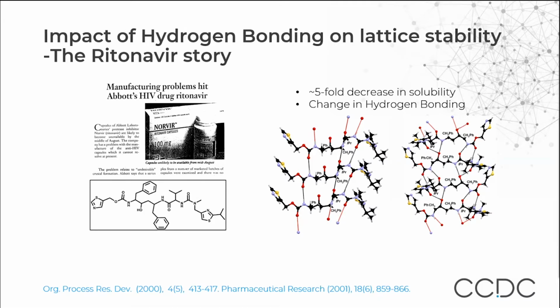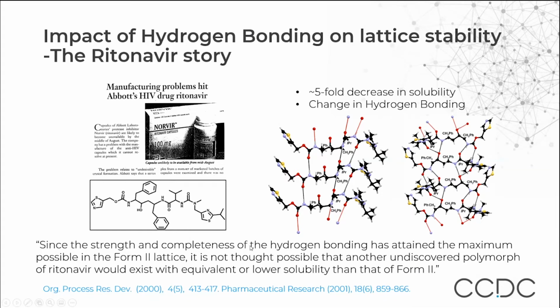And the form that it changed into didn't have the same properties as the marketed drug. So it had a huge impact on the pharmaceutical company, who had to quickly withdraw the drug. But it had an even bigger impact on the patients who were relying on this drug for treatment.